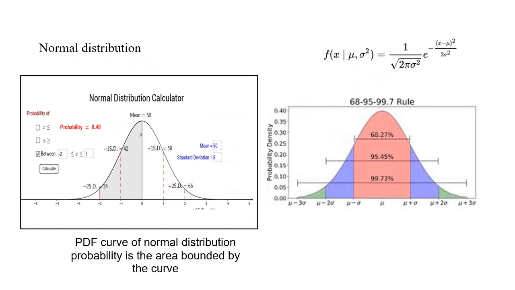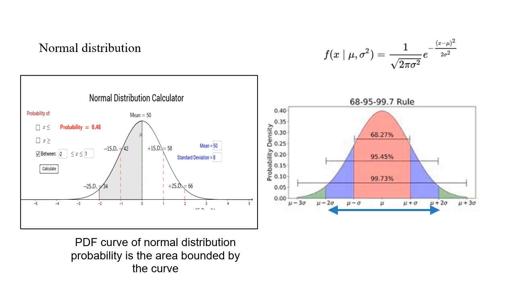Normal distribution is basically a bell-shaped curve, and under this bell-shaped curve the total probability is 1. Any data lying between the third standard deviation from the mean, then you will have 99.7% of the data lying in that.